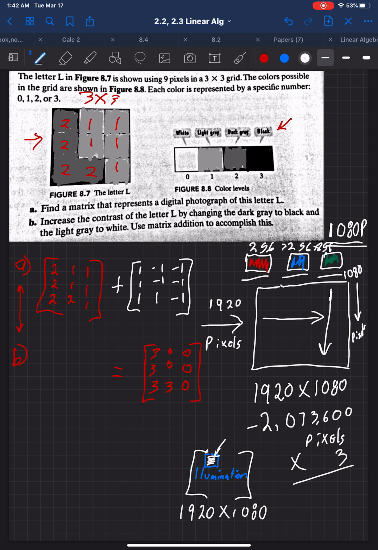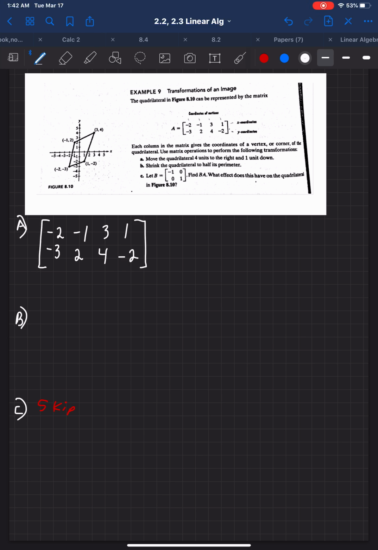Let's take a look at another application. Right? Just basic applications of some of these matrix operations. So the following example. It says the quadrilateral that we're seeing here in figure 8.10 can be represented by matrix A. Now notice that row 1 represents the x coordinates, and row 2 represents the y coordinates.